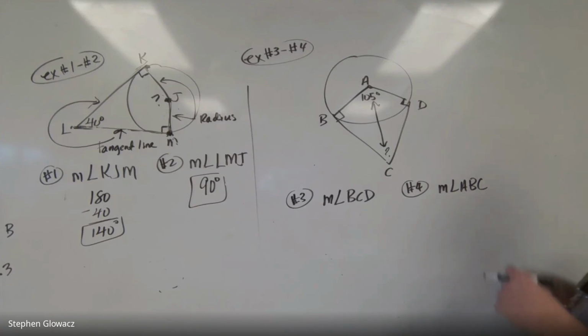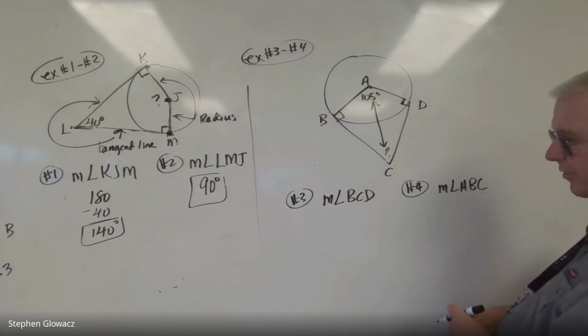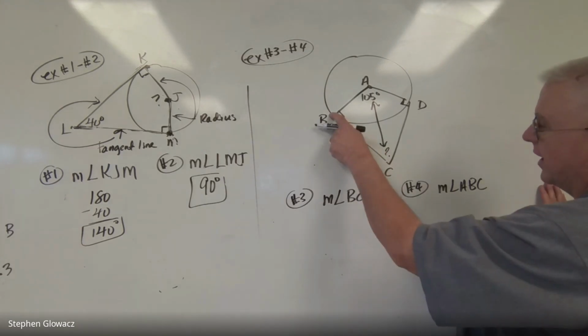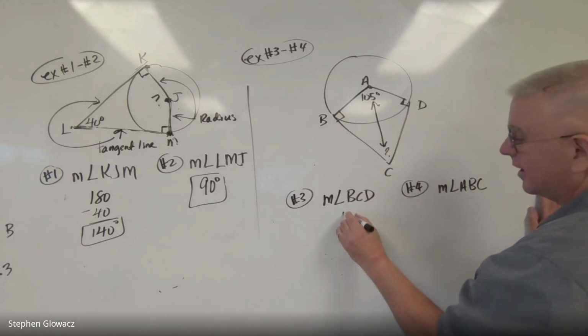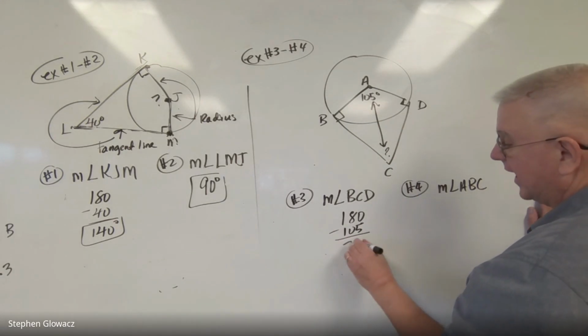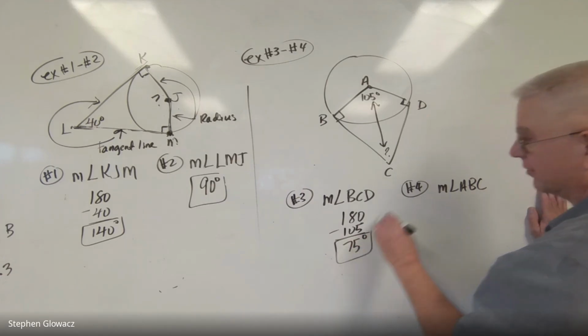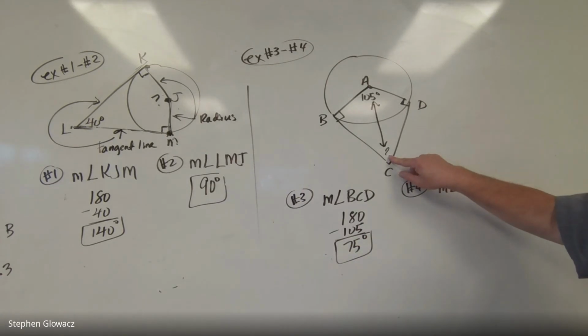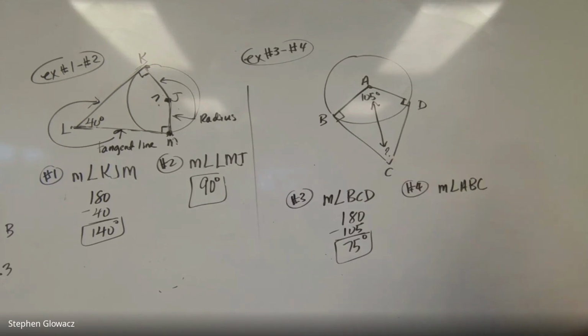So once again, supplementary angles add up to 180 degrees, or the sum of them is 180 degrees. So to find the measure of angle BCD, we would just take 180 minus 105, and that would give us 75 degrees. So the measure of angle BCD would be 75 degrees.